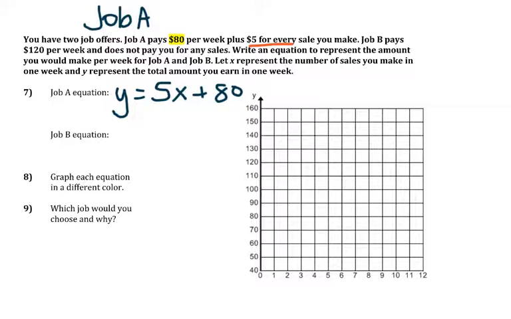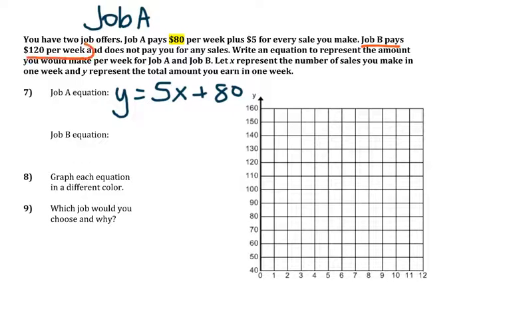And so you look at what's changing, and so what's changing is how many sales you make in 1 week. So when you go to decide, you'd say, well, if I'm going to make 20 sales, then I would do 5 times 20, not 20 times 80. I'm not going to do 80 times 20 because that would mean I'm working for 20 weeks, so that's not the same thing.